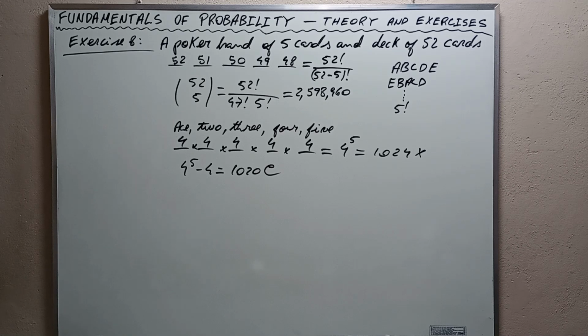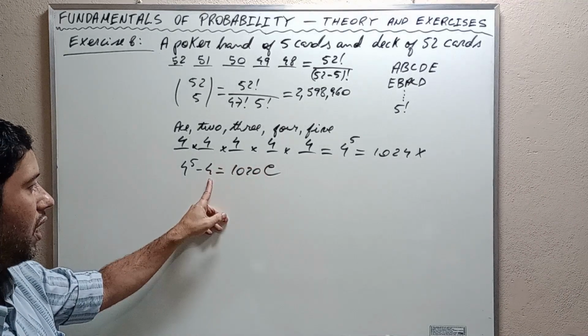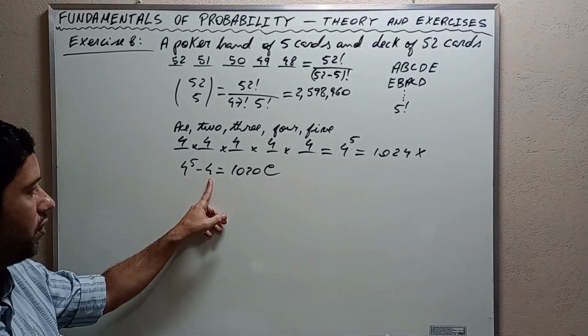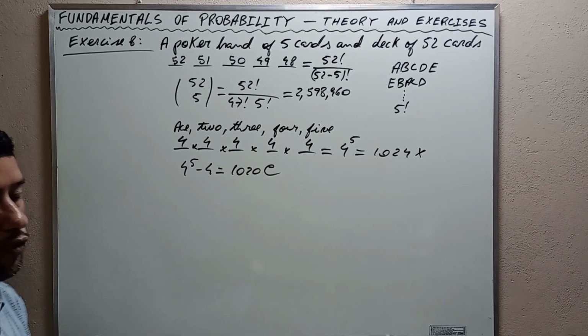The exercise said that the definition of a straight is when the cards have distinct consecutive values but are not of the same suit. When they are of the same suit, we have four possibilities. When they are all of the same suit, it breaks with the definition of a straight. It is called a straight flush, not a straight, and we have to remove this.